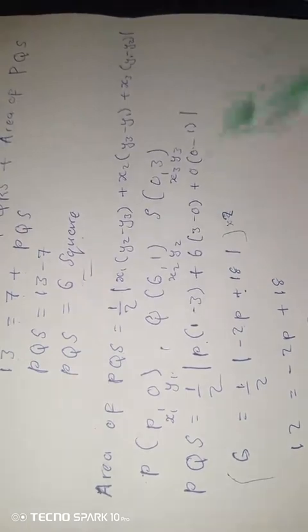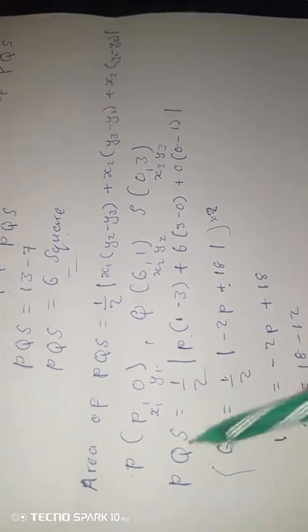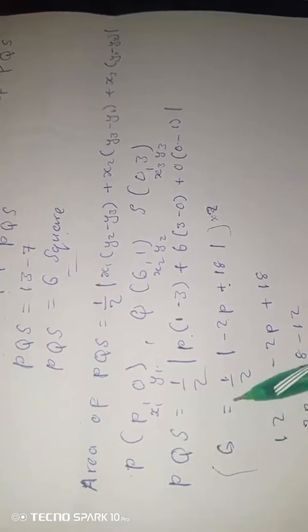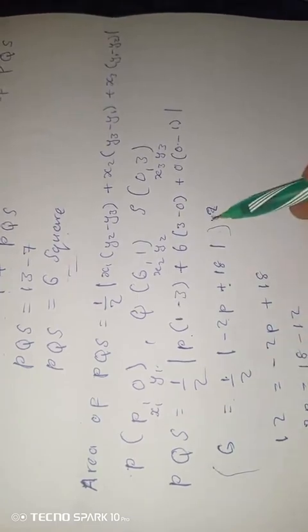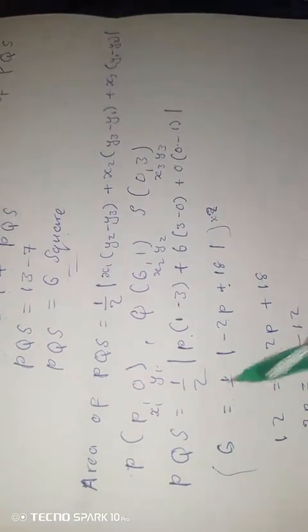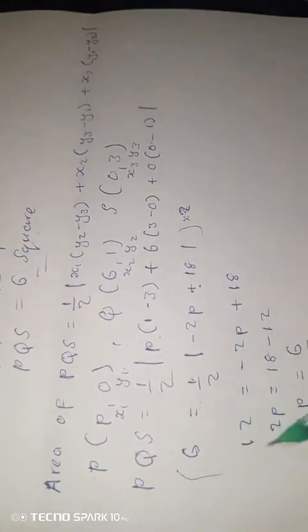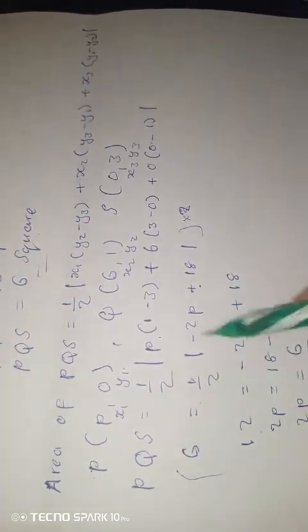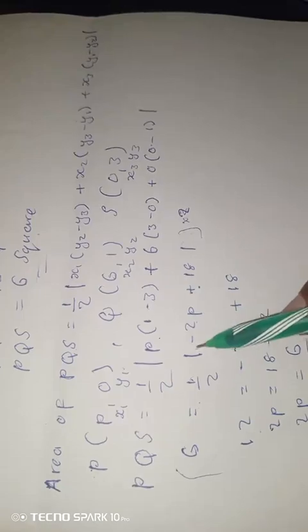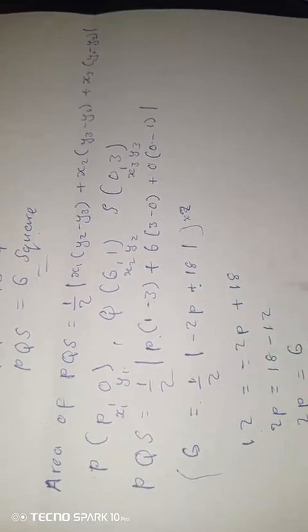Here it's 0, then we forget about it. Our area here is 6, so we'll have this kind of thing. Then let's multiply both sides by 2 so that we remove this fraction. 2 times 6 will be 12. 2 times a half will be just 1. So we remove the modulus here. Now we have negative 2p plus 18.